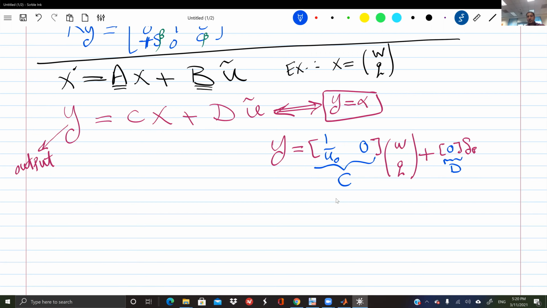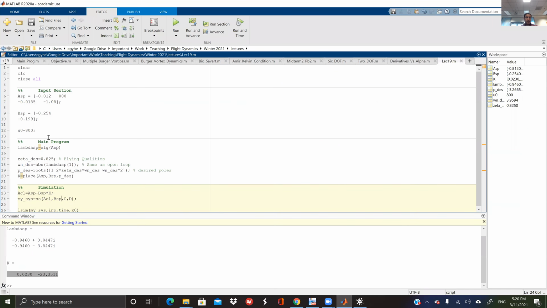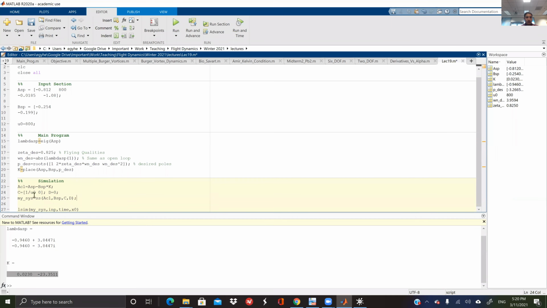So my C is 1 over U naught and 0, and D is simply 0. So now I've completely defined my system.